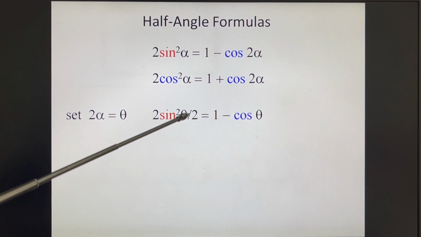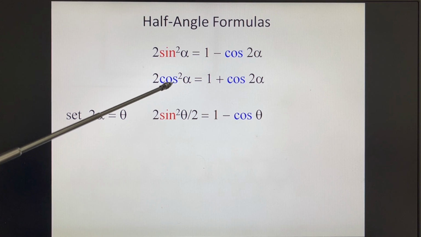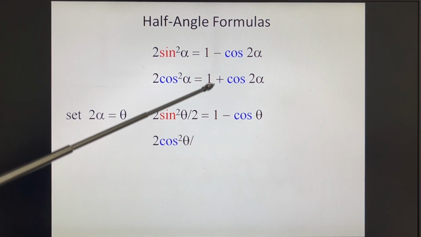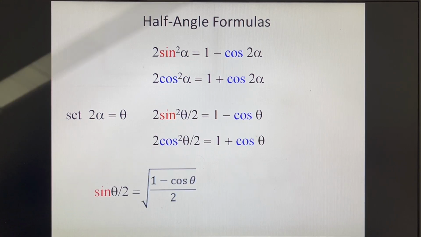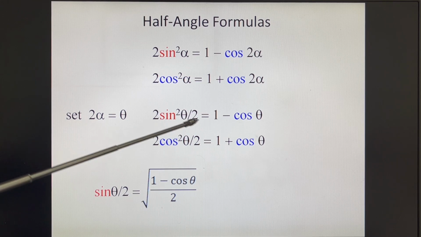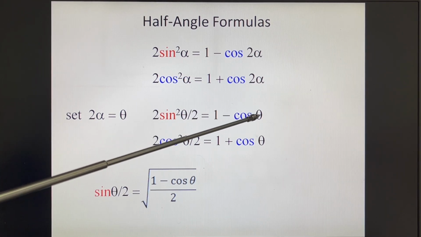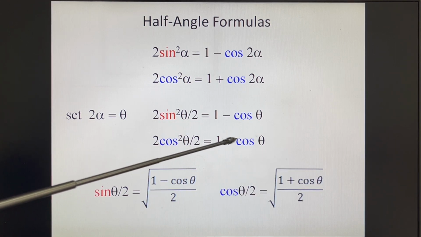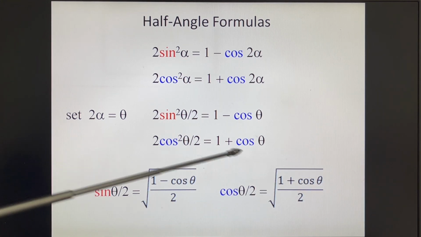This is half angle. 2 cosine squared half theta equals 1 plus cosine theta. So from these two, I get sine half theta equals square root of 1 minus cosine theta over 2. Cosine half theta equals square root of 1 plus cosine theta over 2.